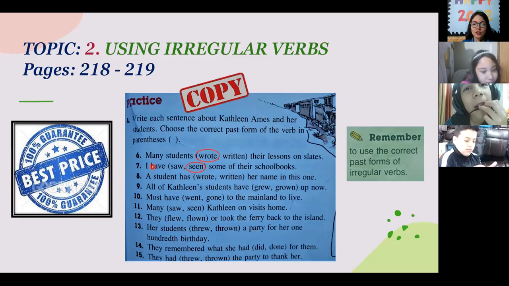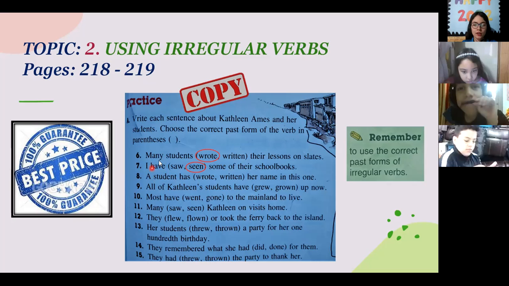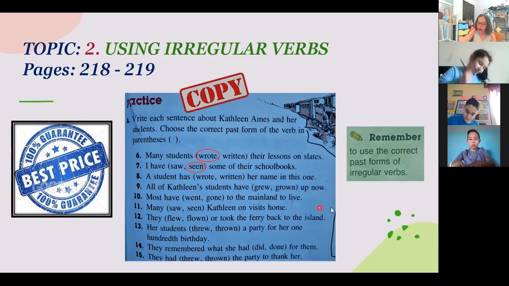If you remember on the chart, when we have the verb have before, it's seen. Have seen, because have is the auxiliary verb. So since we have the word have, we're going to choose the past participle.